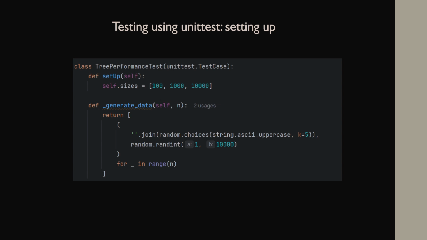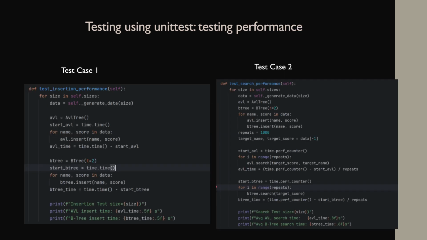For the data generator, there are not enough NFL players to cover all these input sizes. So for name, I randomized a 5-letter string, and for score, a random integer between 1 and 10,000. For our test cases, I tested the insertion performance and search performance.